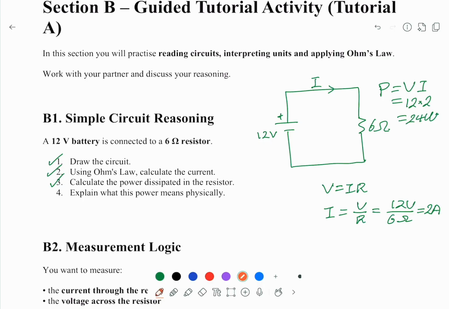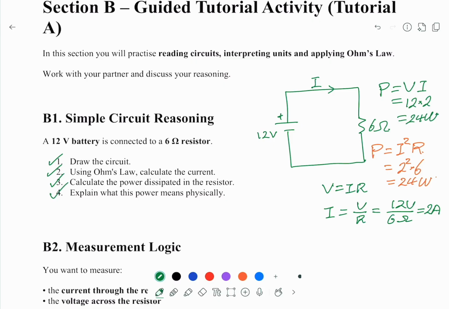Alternatively, you can calculate P using I squared R, where I is 2, so 2 squared times 6. Again, you get 24 watt. Both methods are correct.